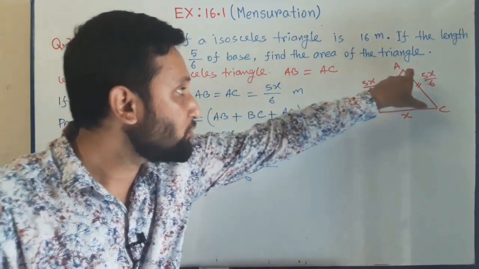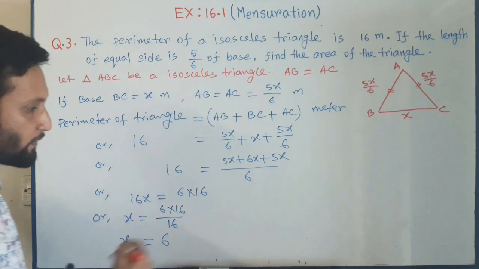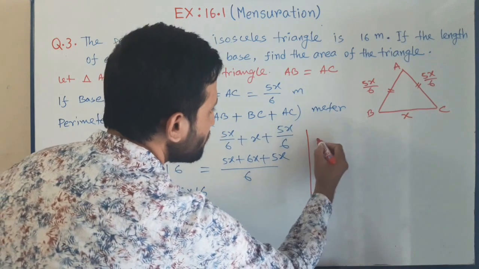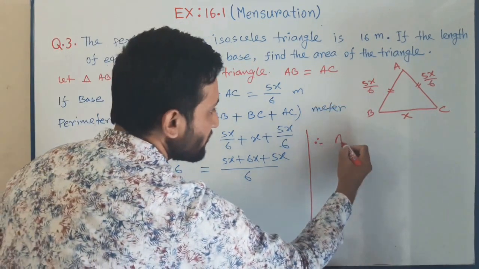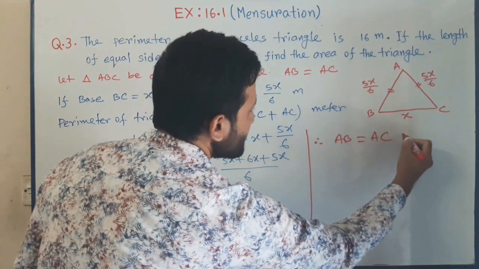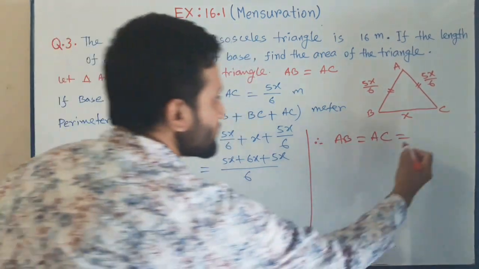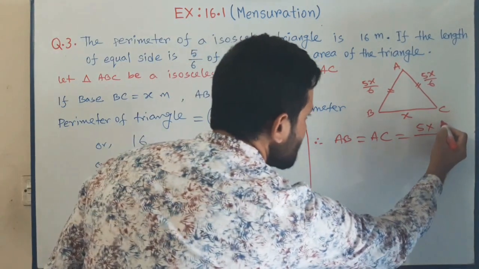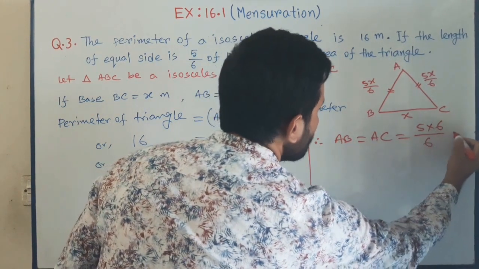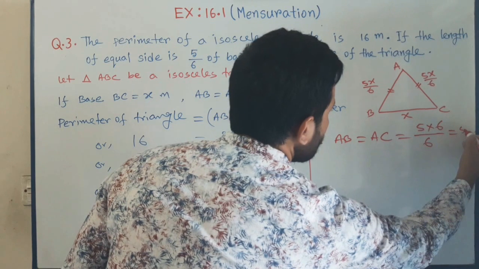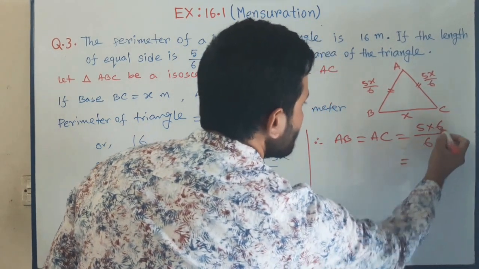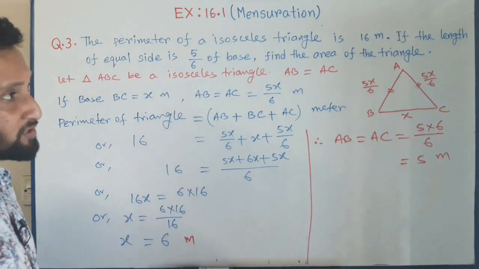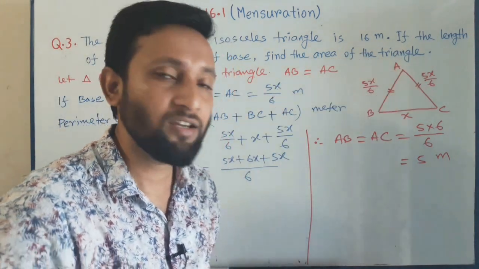So we can find the other two equal sides. Therefore the side length of AB and the equal side AC equals 5x by 6. So 5 into x, the value of x is 6, so 5 into 6 divided by 6, that means equals 5 meter. So 6 and 6 cancel, that means 5 meter. So the equal side length of AB and AC is 5 meter.